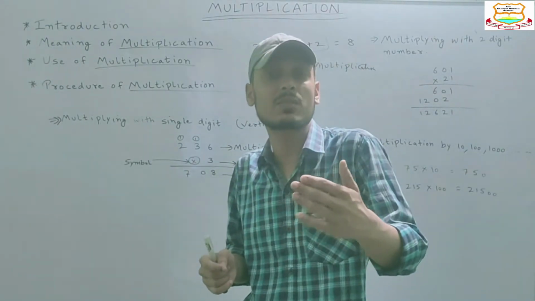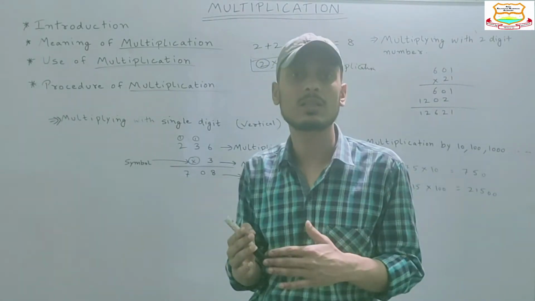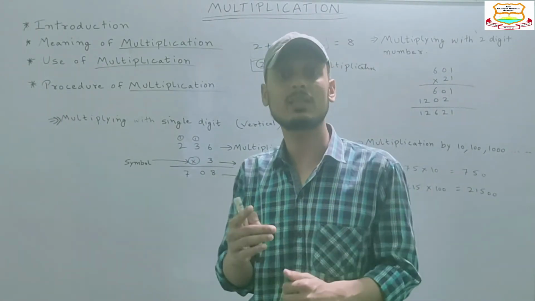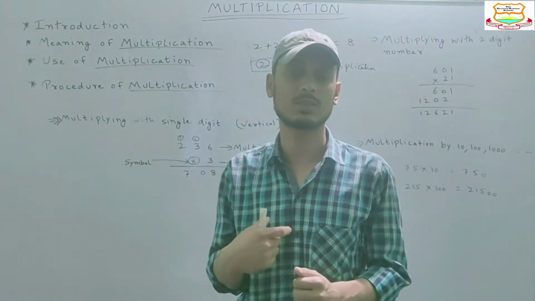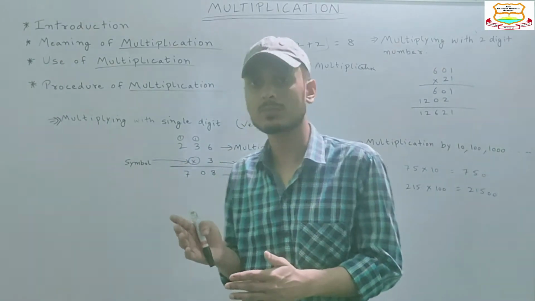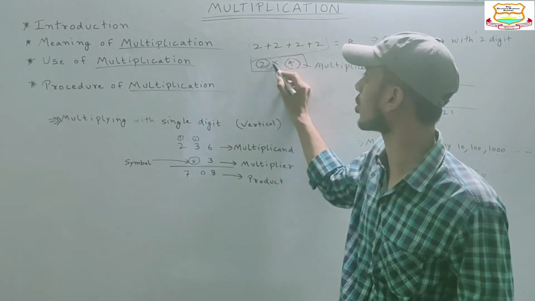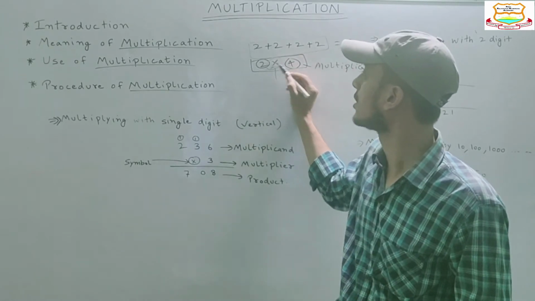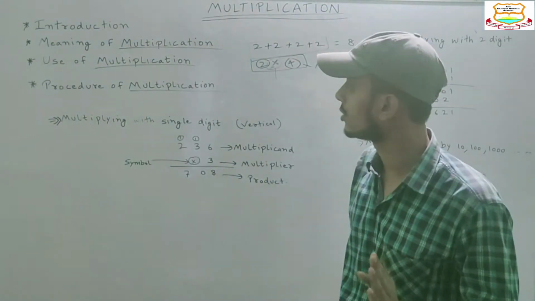If a digit is being added again and again, then we can represent that addition in the form of multiplication. Only the form changes. The result is same. So this is the symbol of multiplication. This cross, this X, is the symbol of multiplication. Got it? Okay.